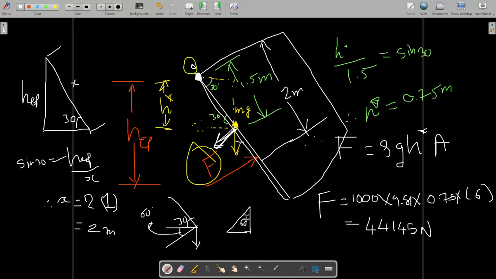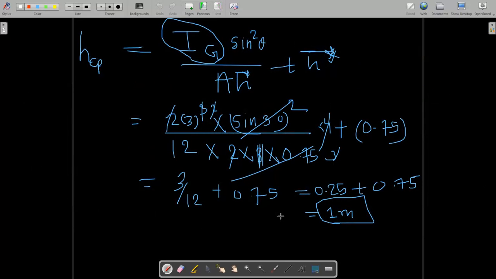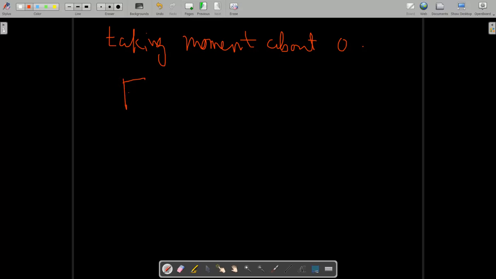So when you solve this, you will find the equation, that is taking moment about O. Now F into this distance we have found already, 2 meter, and what is the mg component, we have to find in the direction of this plane.